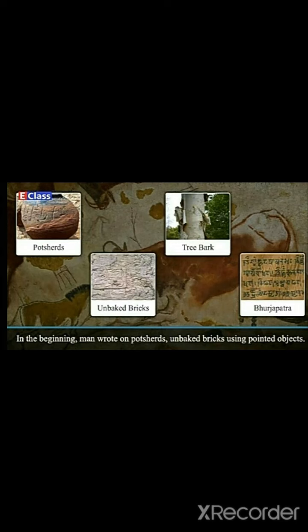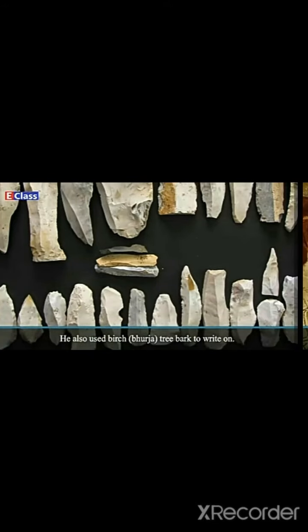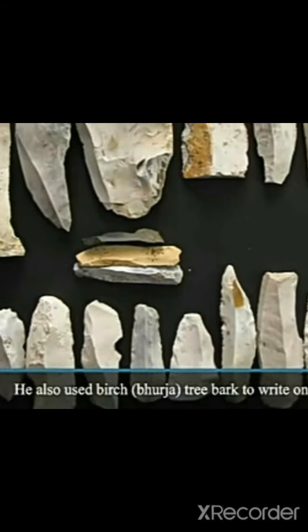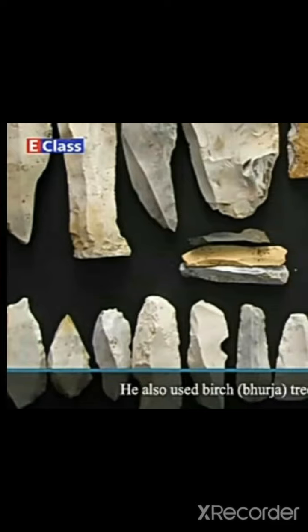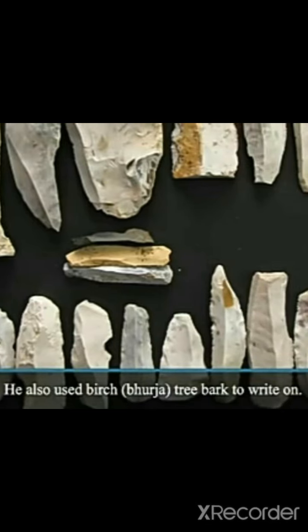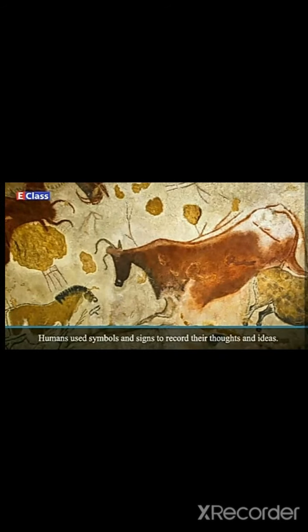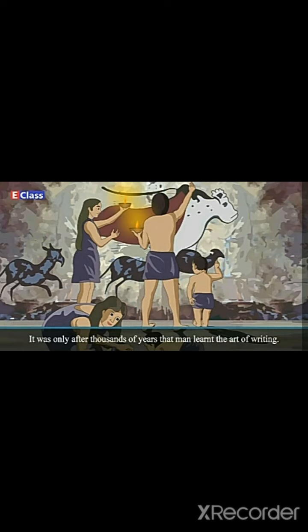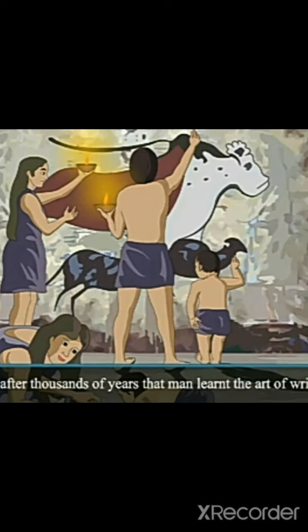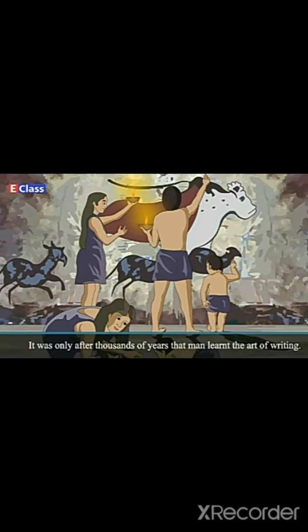In the beginning, man wrote on potsherds and baked bricks using pointed objects like stones or the branch of a tree. They used these to draw signs and symbols. It took thousands of years for man to learn the art of writing.